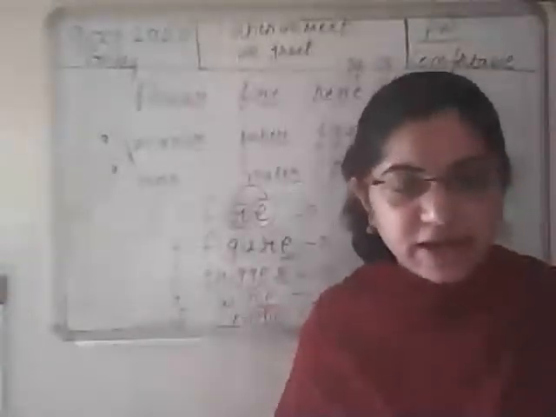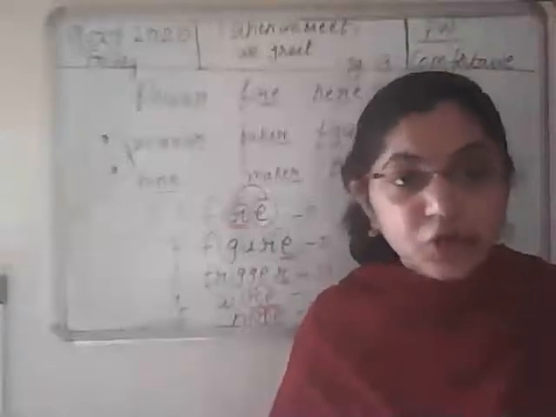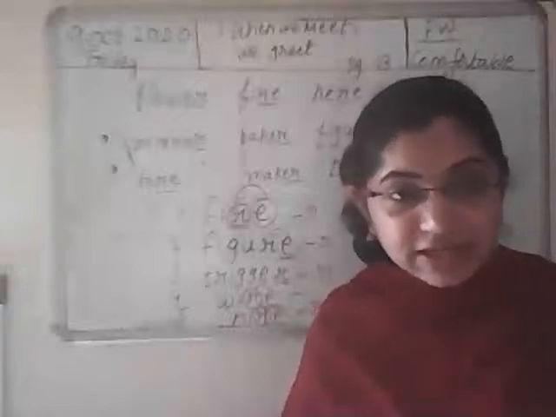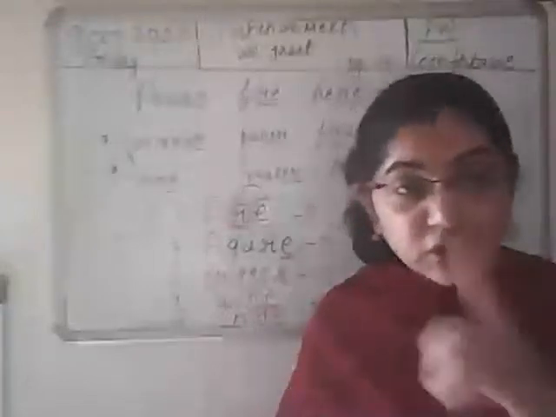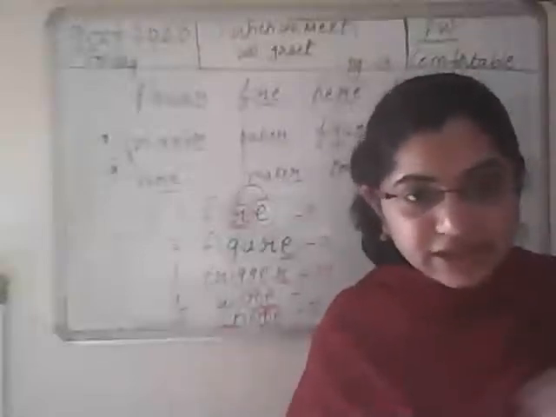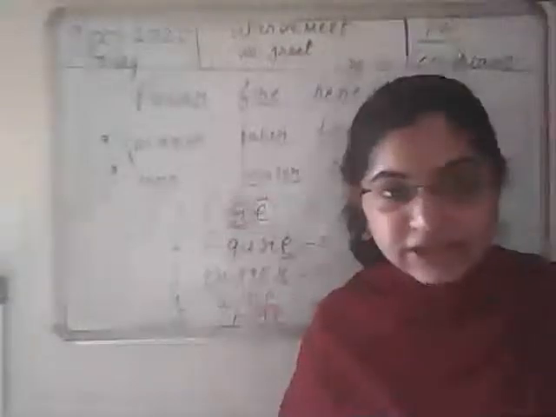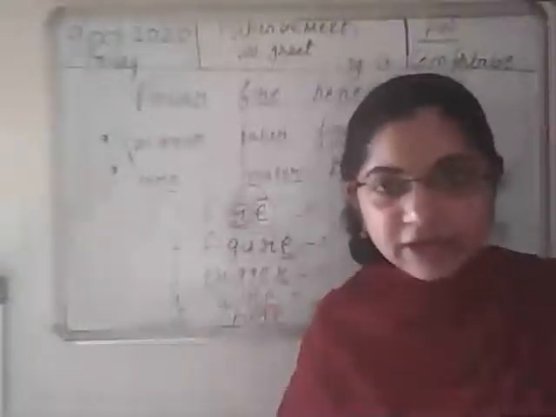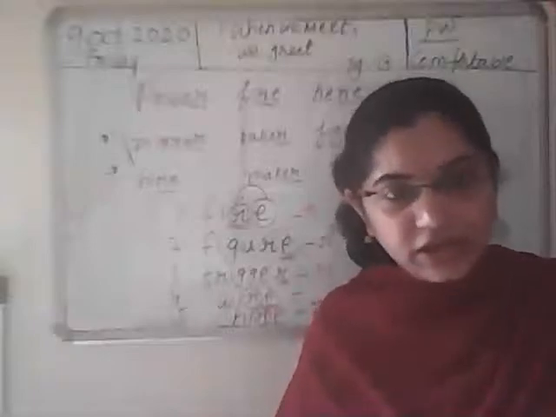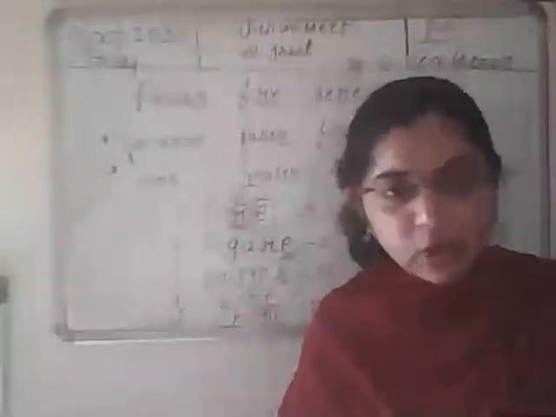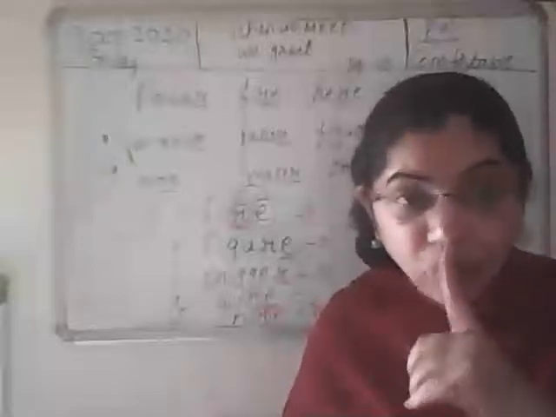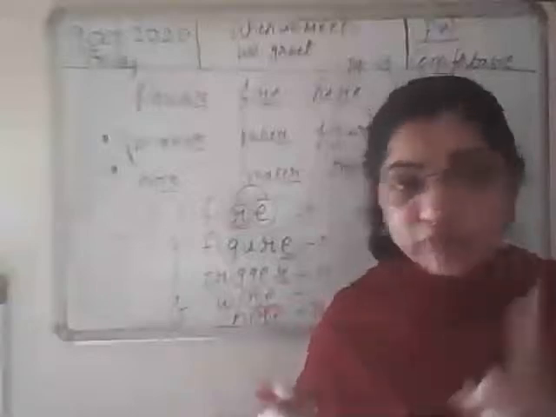So ma'am said, letter E, you are disturbing the class, so I will make you sit in the last row so that you keep quiet and you don't talk to anybody. That is why the class teacher made letter E sit in the last row. So letter E was last, alone. So he stopped speaking and just started keeping quiet. Okay, this is one funny story.